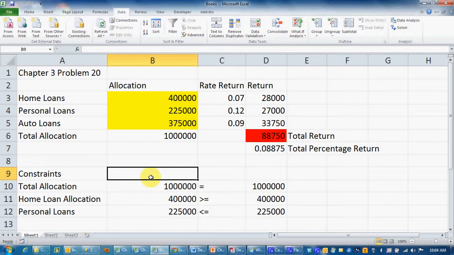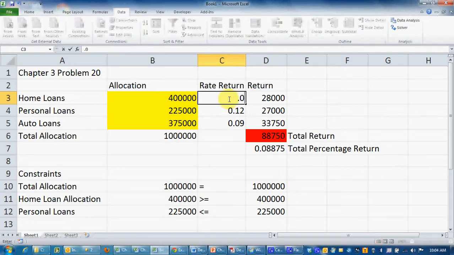If the interest rate on home loans increased to 9%, would the amount allocated to each type of loan change? Okay, so if the rate on home loans increased to 9%, so that's this right here, we're going to go ahead and put 0.9. And let's remember what these are here, because it's asking us if I change this to 9%, will the other allocations change?